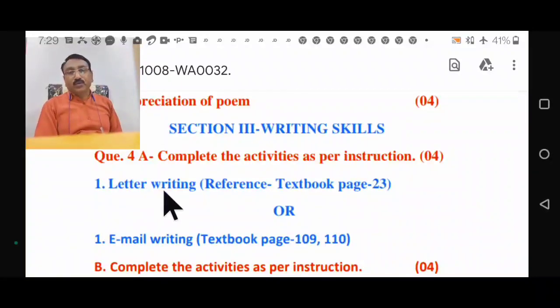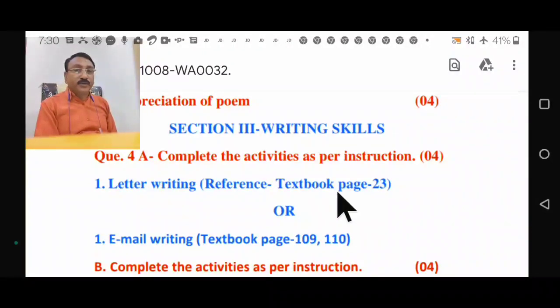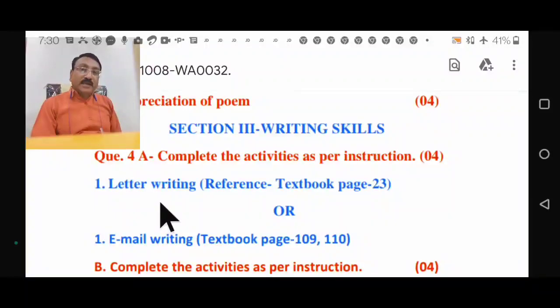If you need detailed information regarding the template of the formal letter, just go through the textbook at page number 23. In the letter writing, it is possible that in the activity sheet, the address of the sender as well as the receiver may be given.